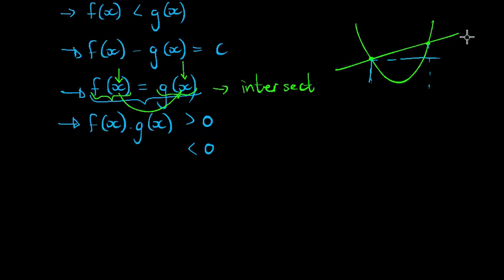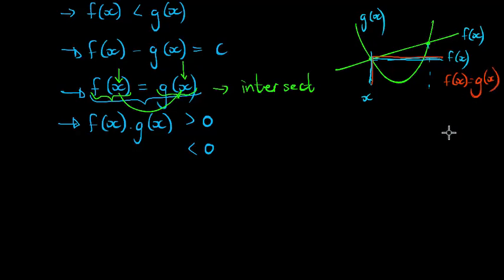When I put x in f, I get that answer. If I put x in g, I get the same answer. In other words, f of x is equal to g of x. Can you understand why this is the point of intersection?